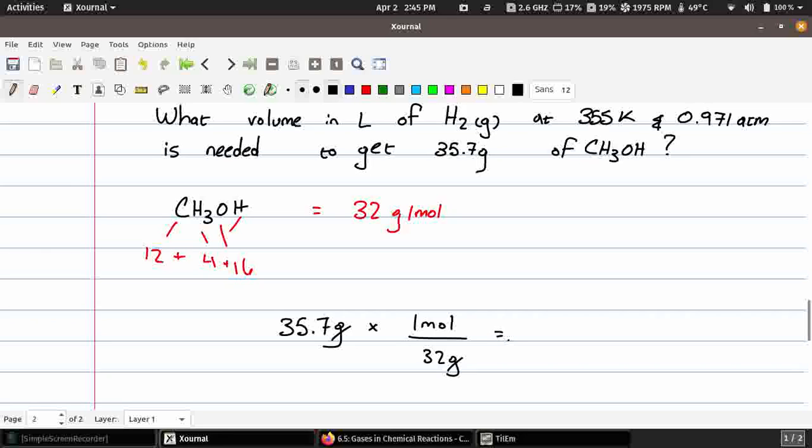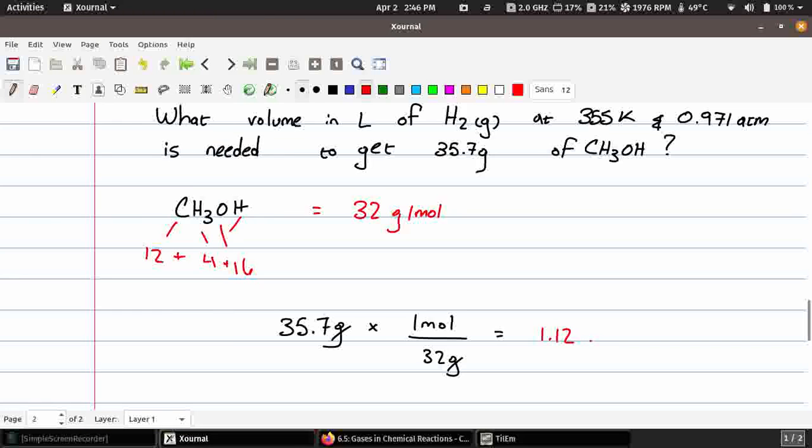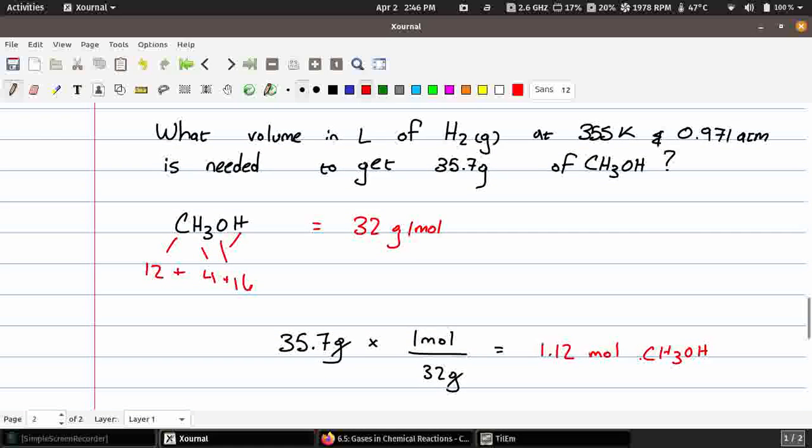So we need to find out how many moles we need to make this many grams. So 35.7 divided by 32 is about 1.12 moles of CH3OH.